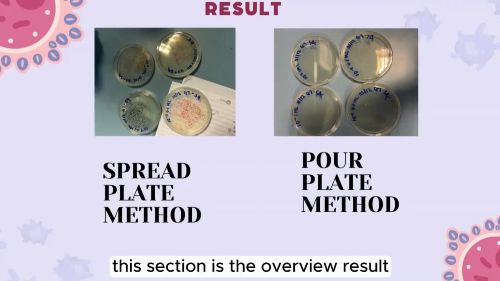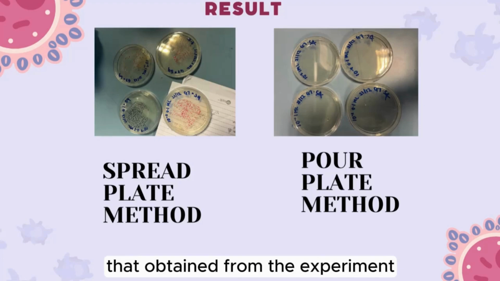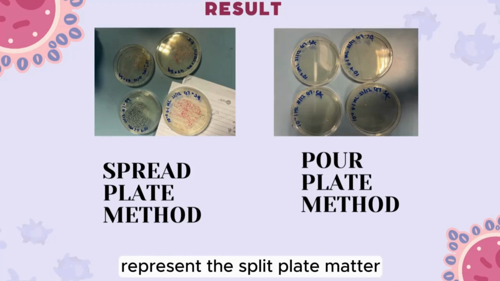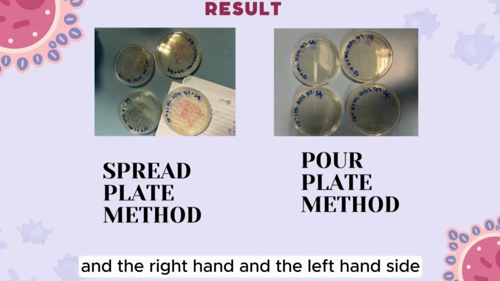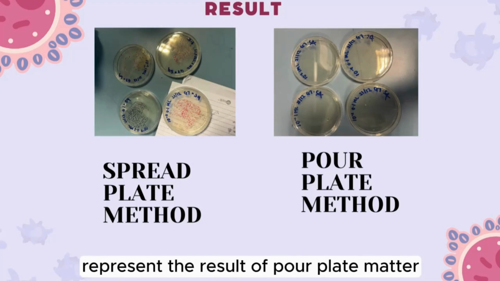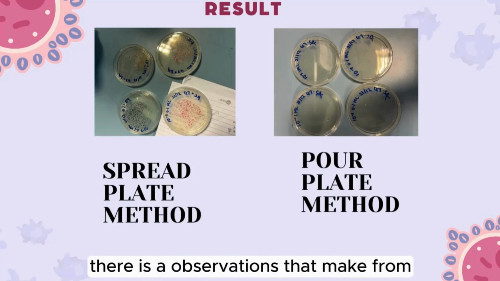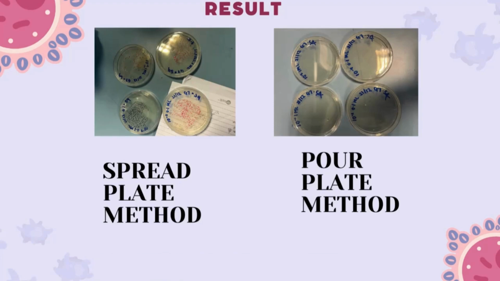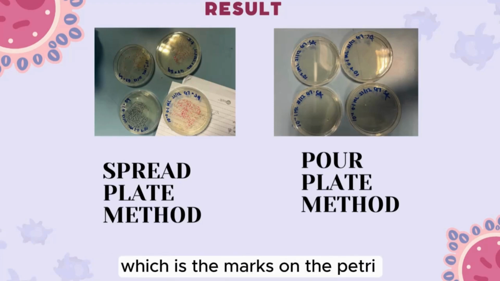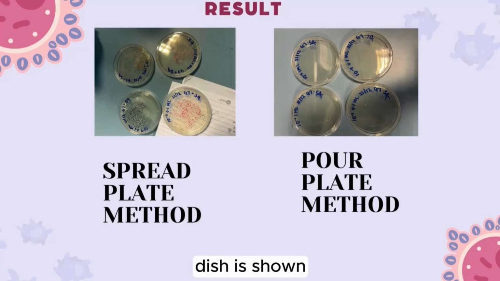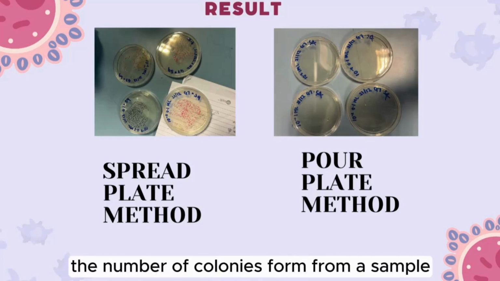This section is the overview of the results obtained from the experiment. The right-hand side represents the spread plate method, and the left-hand side represents the result of the pour plate method. Based on the diagram, observations made from the spread plate method, which are the marks on the petri dish, show the number of colonies formed from a sample.